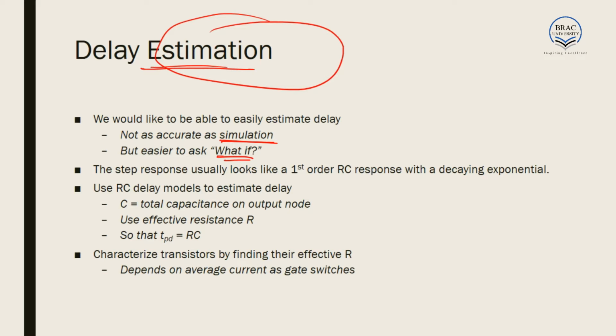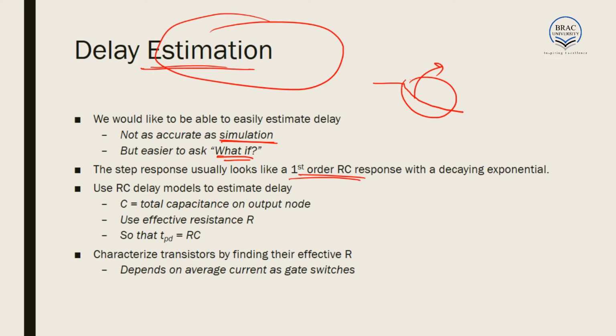Now in order to model the delay, we will use first order RC response. We know how the RC response works. Once a capacitor is charged, it gets discharged, and the discharge time is called RC. This kind of response we have seen in the case of step response as well, when the output falls from 1 to 0.